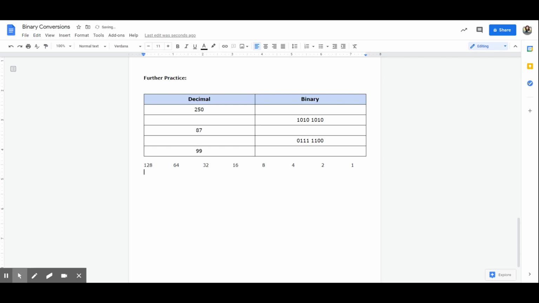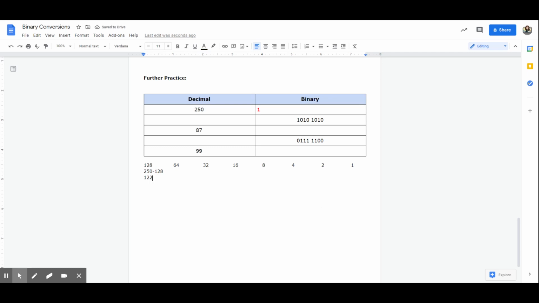So our math is going to be 250 minus 128, and our remainder is going to be 122. So we have 1 for our first number in the 2 to the 7th power column.